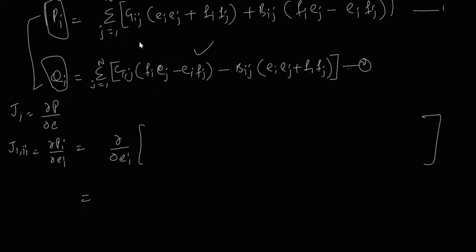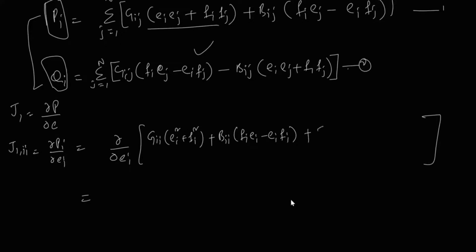What is the ii term? If I take j equals i, then it will be Gii (Ei square plus Fi square) plus Bii (Fi Ei minus Ei Fi), because I am putting j equals i, all i's, right?